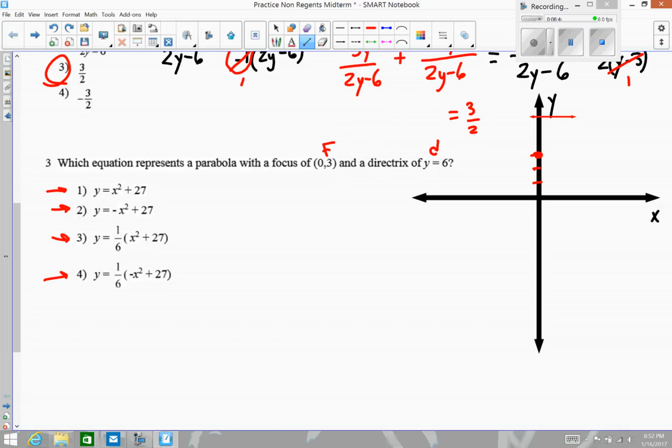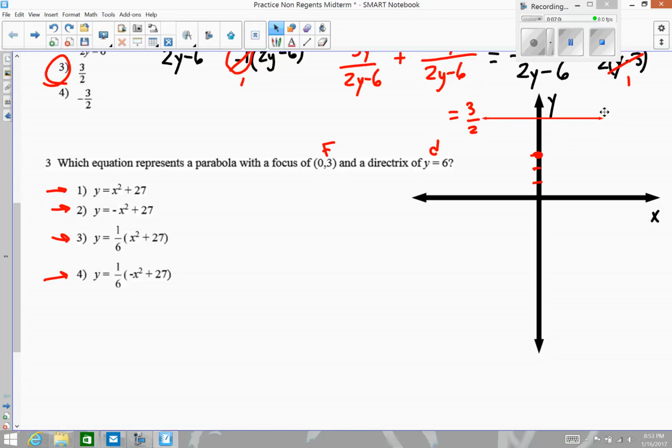Somewhere over here. Trying to extend this line here, not working for me very well. We'll just move it like this.